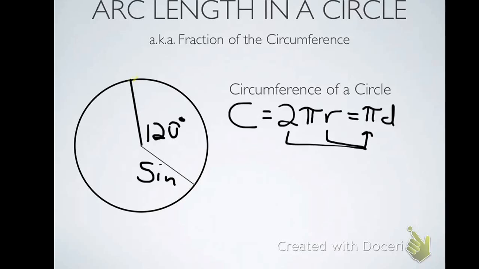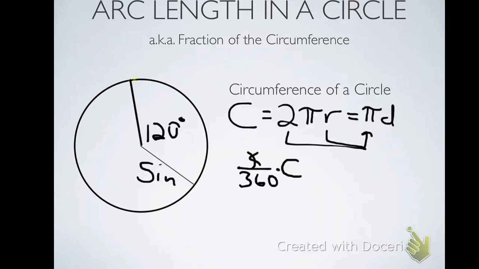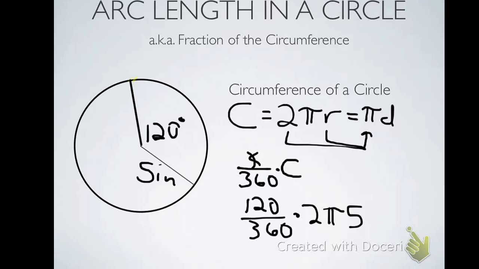So I know the circumference is going to be 2 pi r, and I'm going to take a fraction, so that's the angle over 360 times circumference. Our angle is 120 over 360 times 2 pi times 5. 120 over 360 becomes 1/3 times 10 pi.